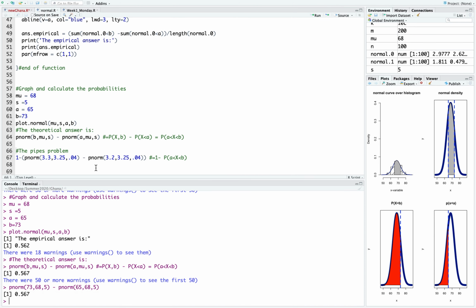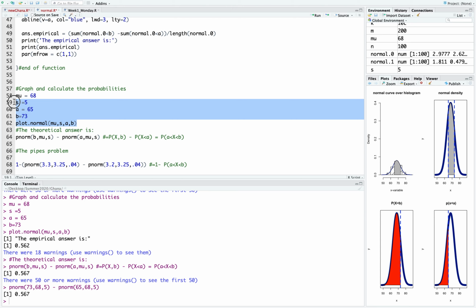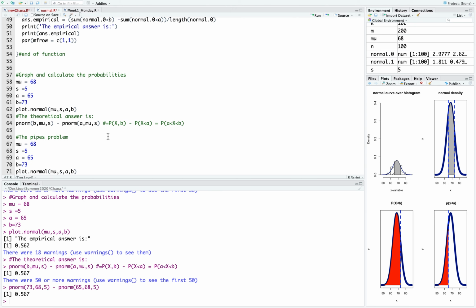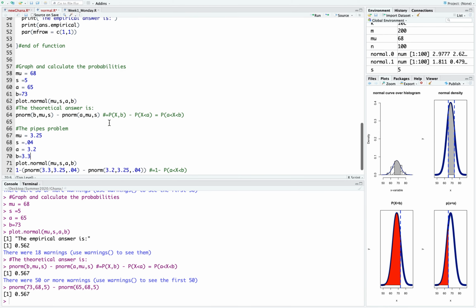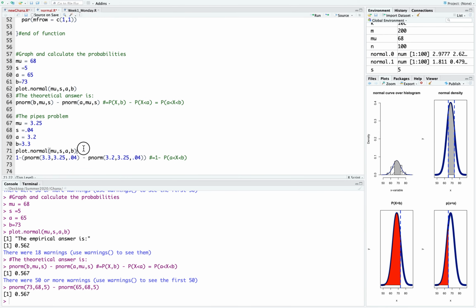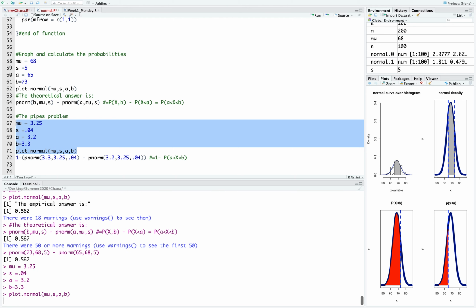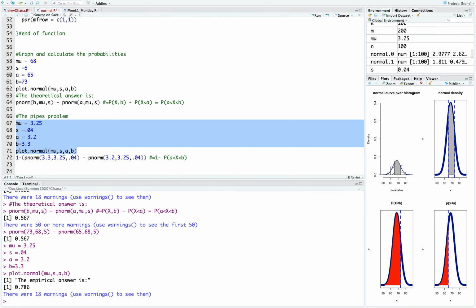Okay, so if I want to call this command, let's just copy all of this. I have a mean of 3.25. My standard deviation is 0.04. I want to go from 3.2 to 3.3, and everything looks good. So let's call my function. Those are what I'm going to put into my function.